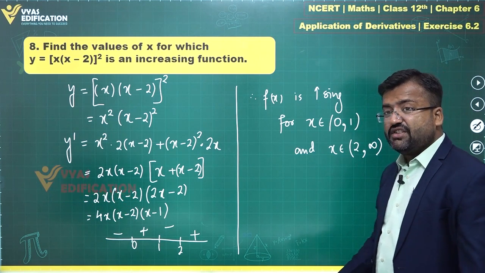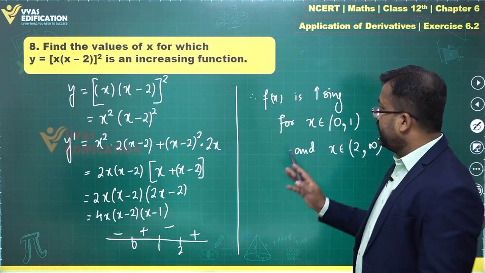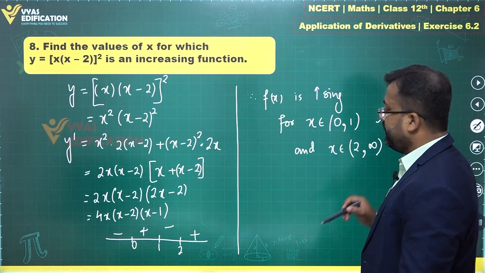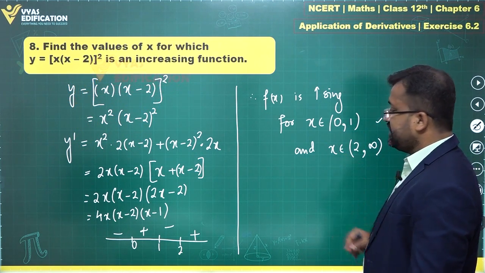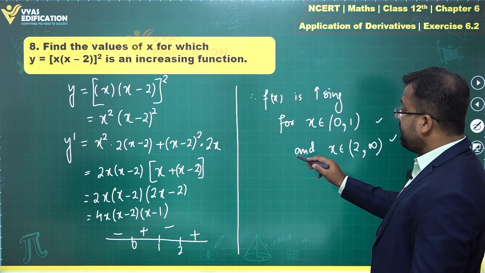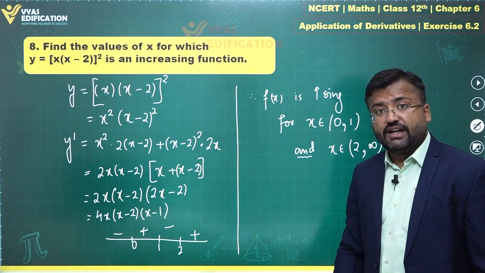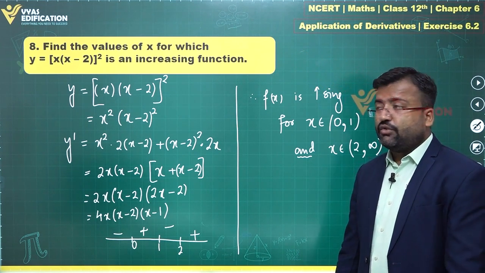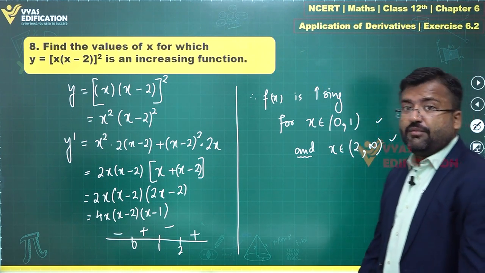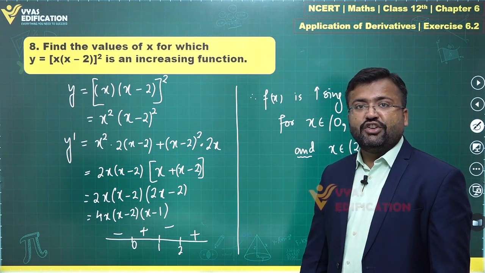Those are the intervals in which the function f(x) is increasing. That's what you can comment. This is a separate interval, right? In (0, 1), yes, the function is increasing. In this interval, the function is increasing. Mind you, I am using the word 'and', I am not using union. You cannot use union over here. You can only use 'and'. Please take note of that and then you are good to go. That's the complete solution of this question. Let's move on to the next one after this.